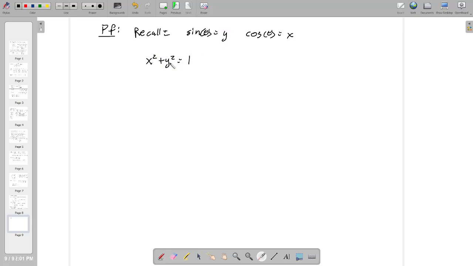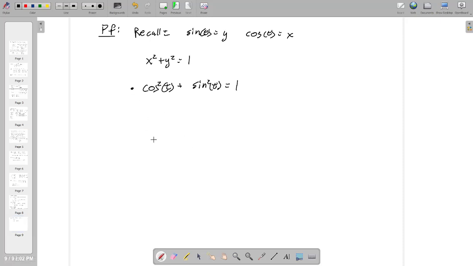So we plug in sine for y and cosine for x. We get cosine squared t plus sine squared t is equal to 1. One Pythagorean identity down.